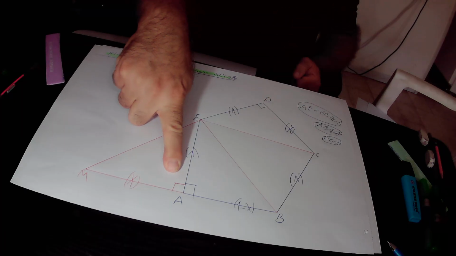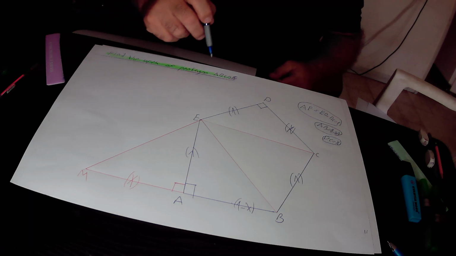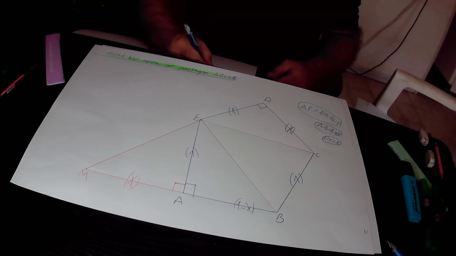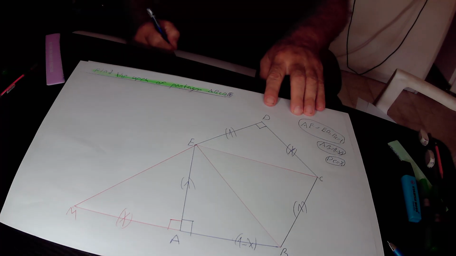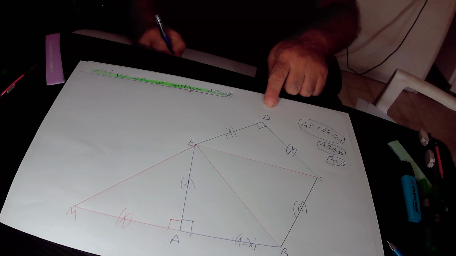So this is angle EAM in the right triangle EAM, and it is equal to this angle, the angle EDC, in the right triangle EDC.